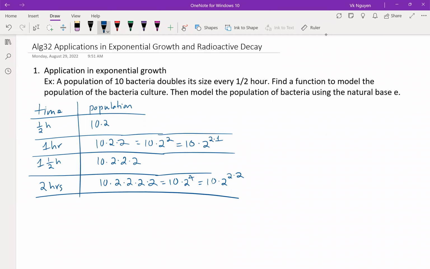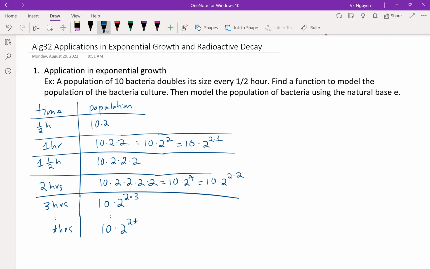Now, after 3 hours, using this one, it will be 10 times 2 to the power 2 times 3. Nice pattern, huh? And then after t hours, we would get 10 times 2 to the power 2 times t.